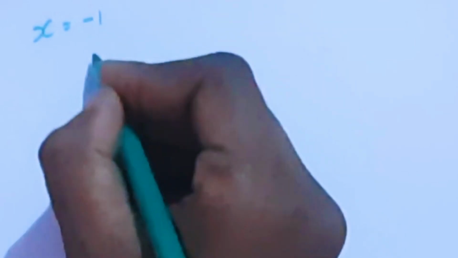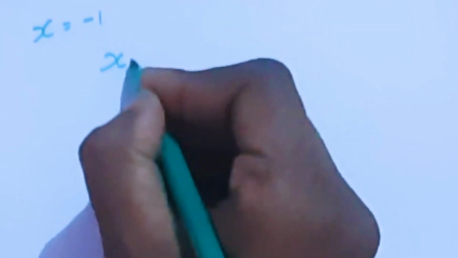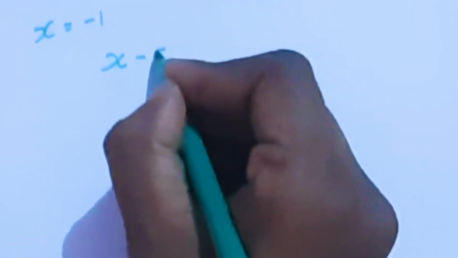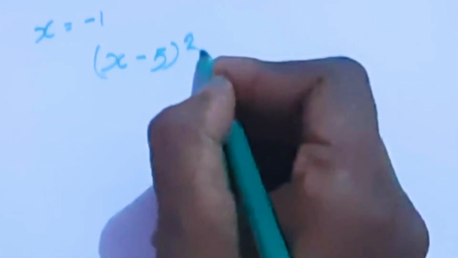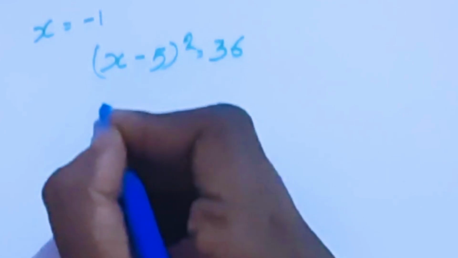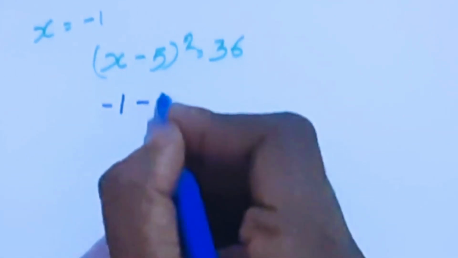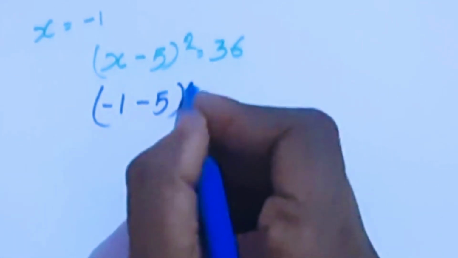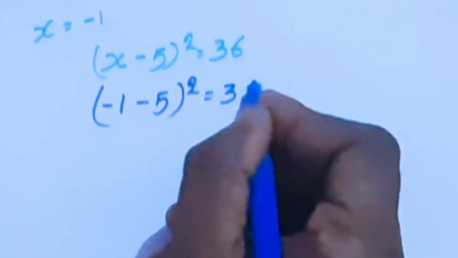Minus 1. The equation that (x minus 5) whole square equal to 36. So here is (minus 1 minus 5) whole square equal to 36.